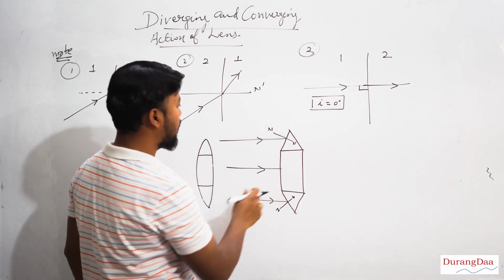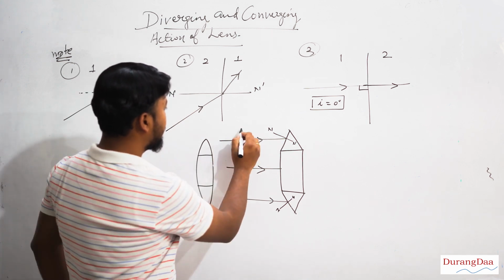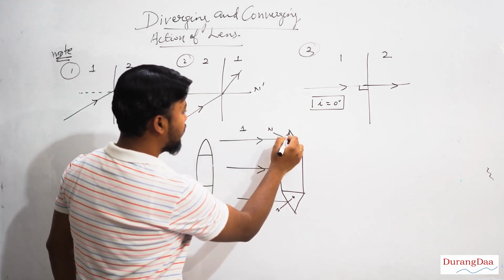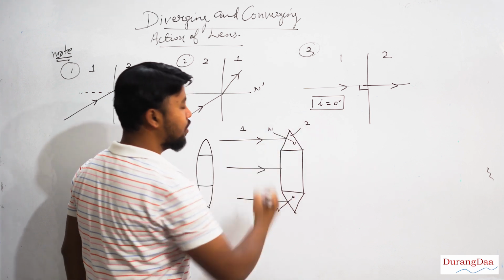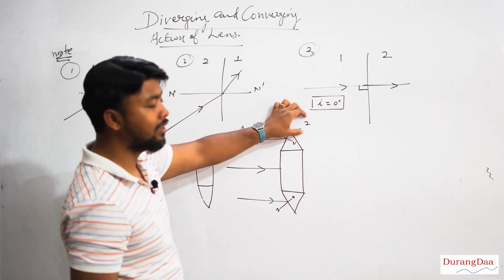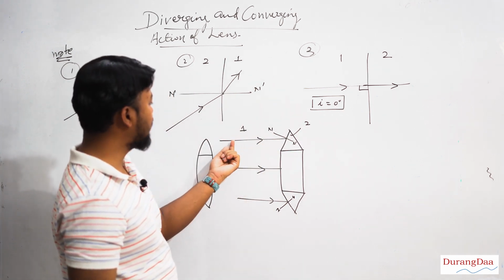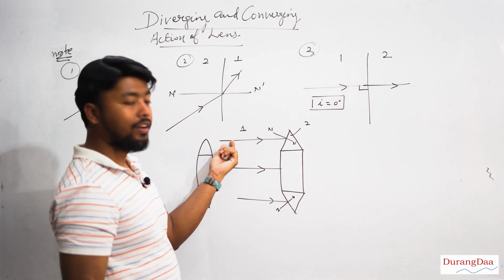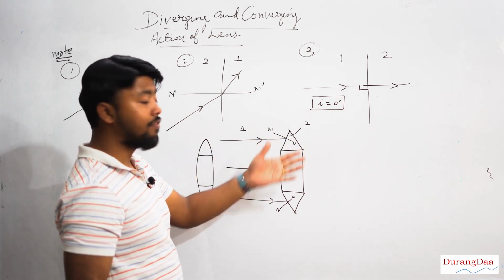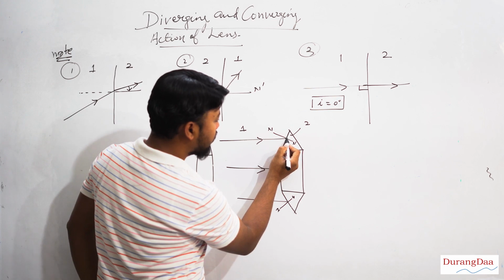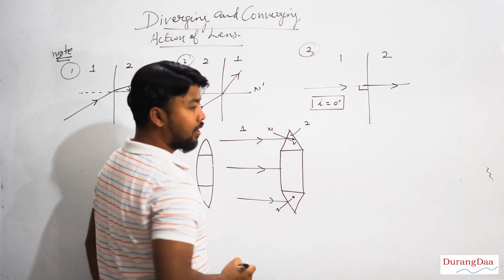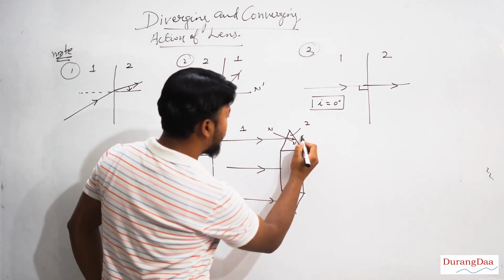Now one by one you apply all the rules. In this case, this is medium 1, and inside the prism this is medium 2. This is rarer, this is denser. Because the light ray is coming from a rarer medium, after refraction it will bend towards the normal. So it will bend like this, and at this point you draw another normal.